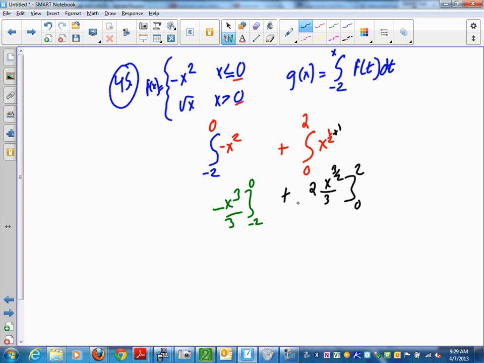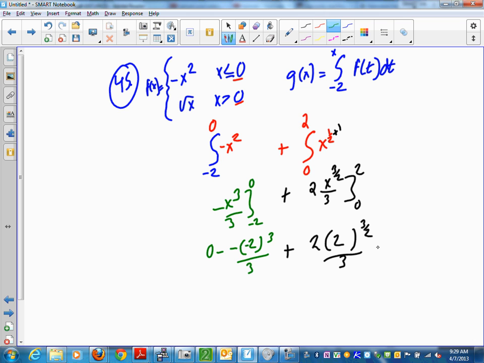We're adding these two together. Plug in 0 on the green one here, you get 0 over 3, which is 0. And then you have minus negative x cubed over 3, where we're putting in a negative 2. On the black one over here, we have 2 to the 3/2 power over 3.